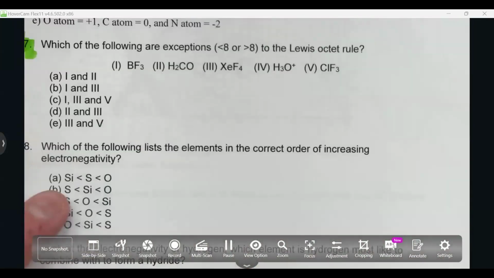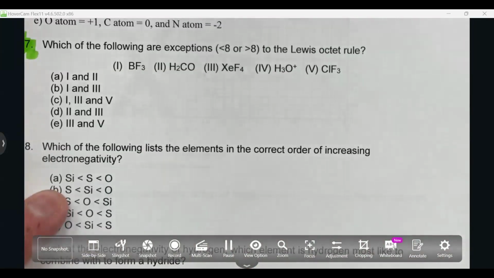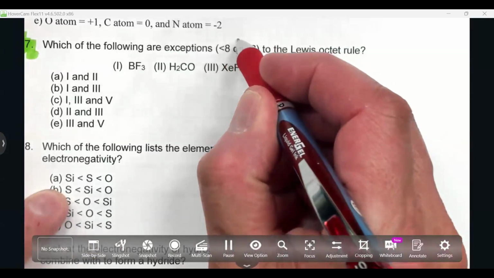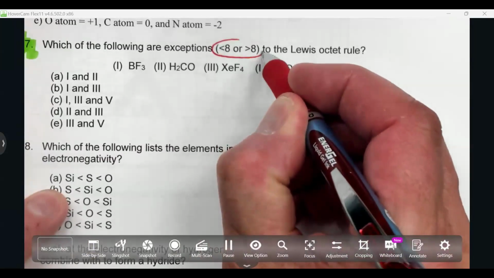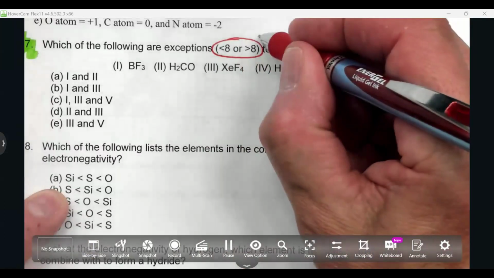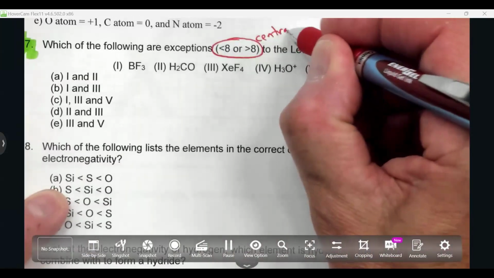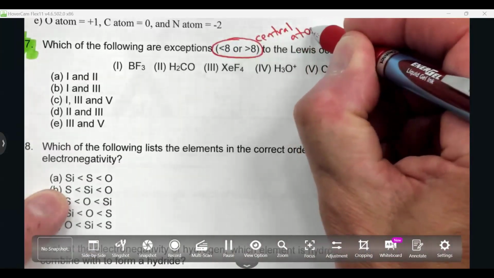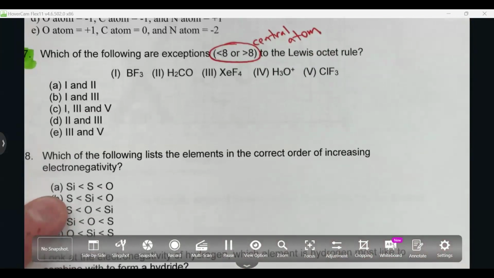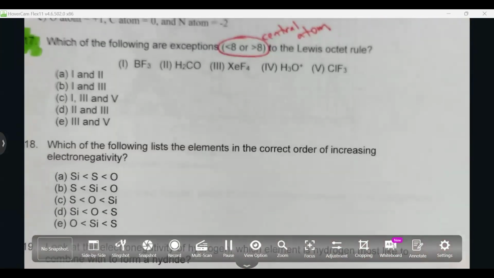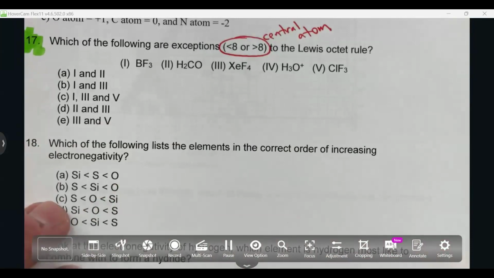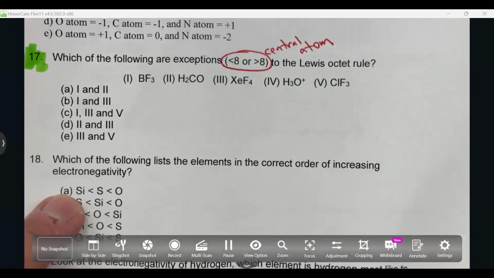And then you're just looking to see if the central atom has less than 8 electrons or more than 8 electrons on the central atom. Does the central atom have less than 8 or more than 8? But you actually have to draw the Lewis structure for those to find out.